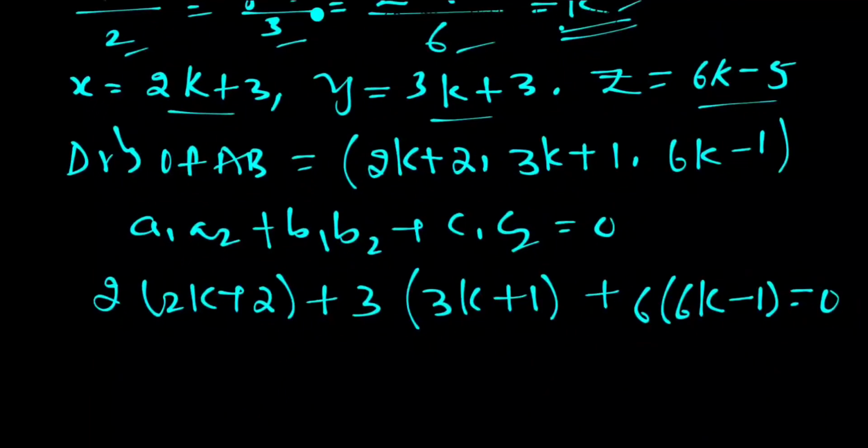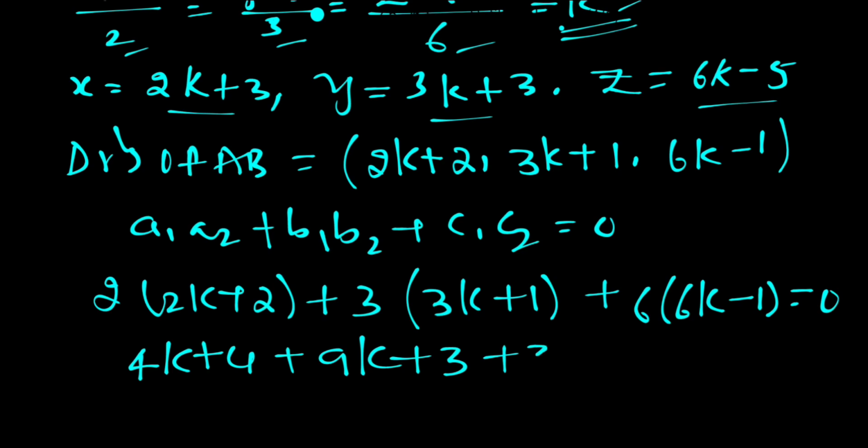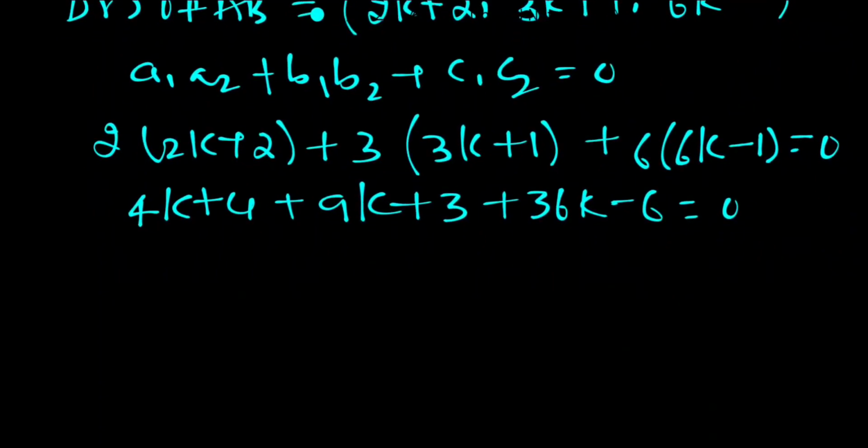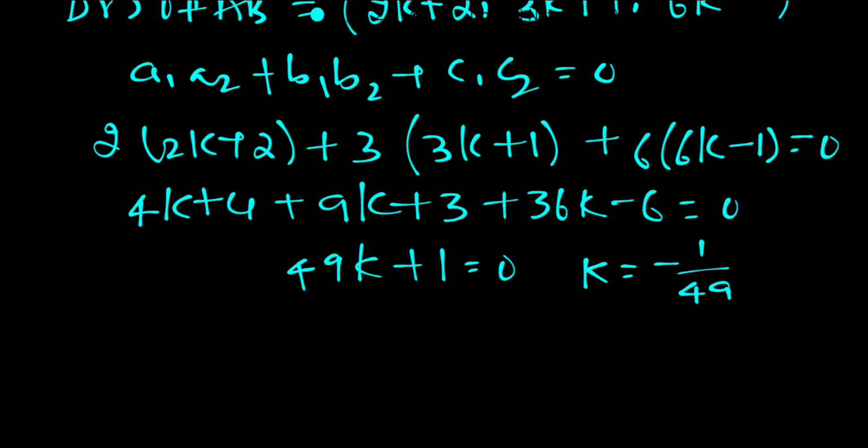So next we have to simplify this. We will get here 4k plus 4, plus 9k plus 3, plus 36k minus 6 is equal to 0. So make the total simplification here. 49k plus 1 is equal to 0. K is equal to minus 1 by 49.